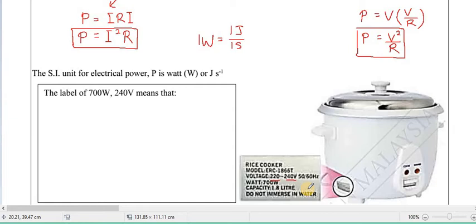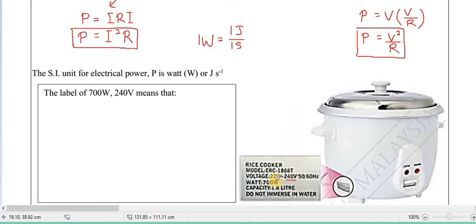So even if there is voltage drop when you switch on, meaning some of the voltage has been taken away by the resistance in the wire, by the internal resistance, if the voltage that the electrical appliance gets is within this range, the electrical appliance can still function normally.